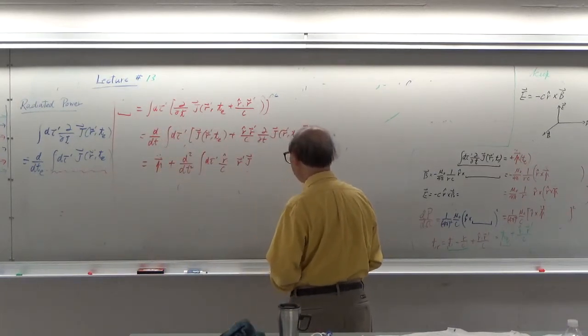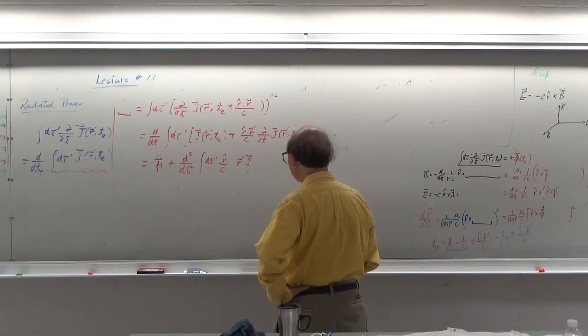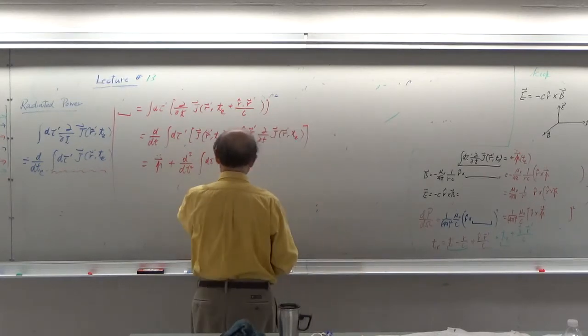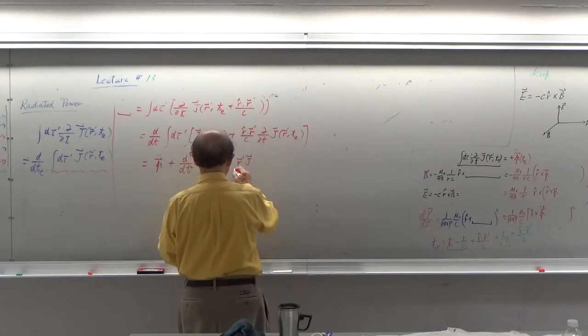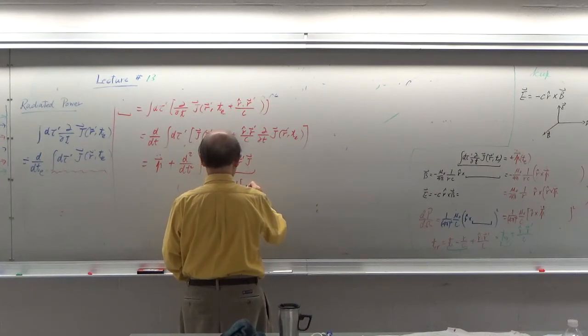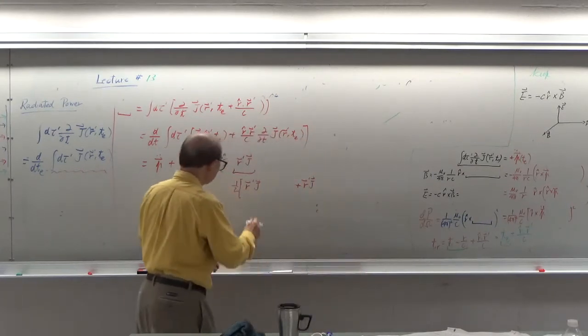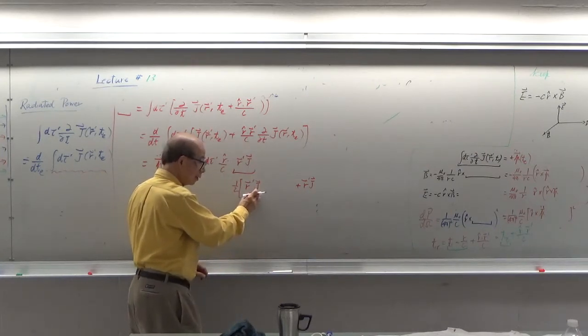All right. And now, what do I want to do? Now let me write this term as 1/2 of R prime J plus R prime J. So this is a product of two vectors, so it's a dyadic.